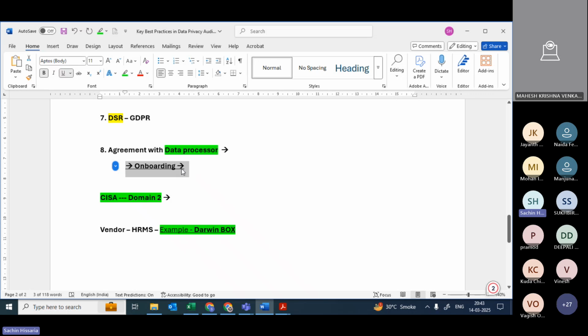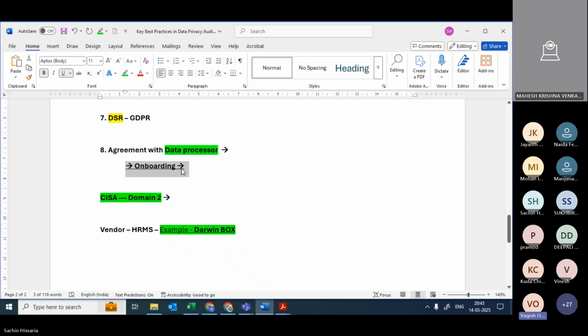After onboarding also, on a regular basis, we would ask the company to demonstrate compliance. We may ask them for a SOC report. We may appoint our auditor to go there and check whether the controls are implemented or not. So this is what we need to do in this case.